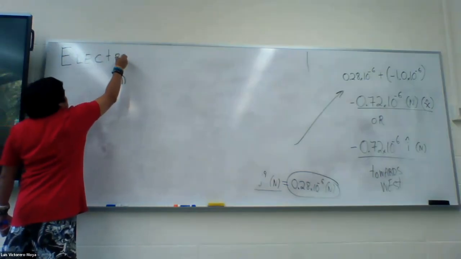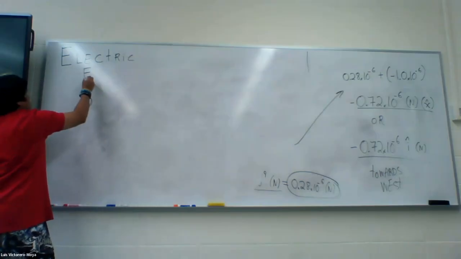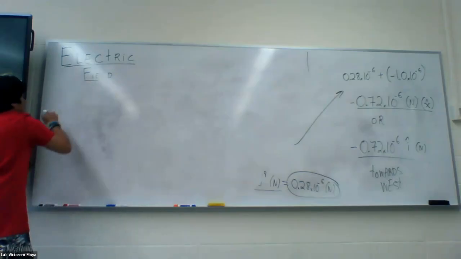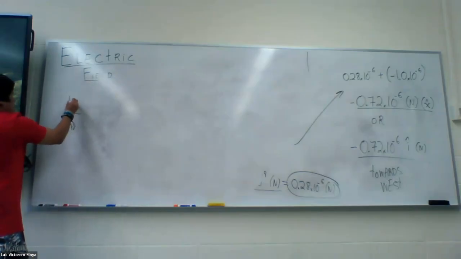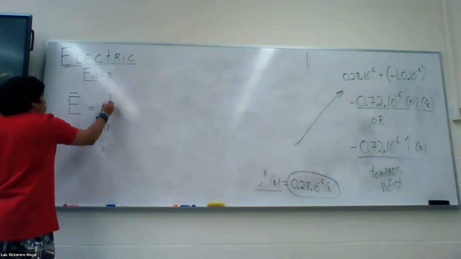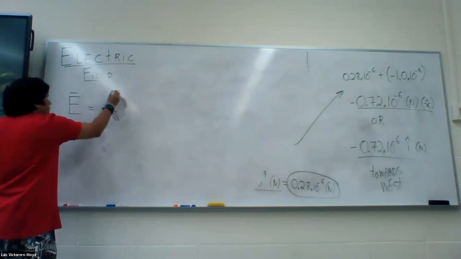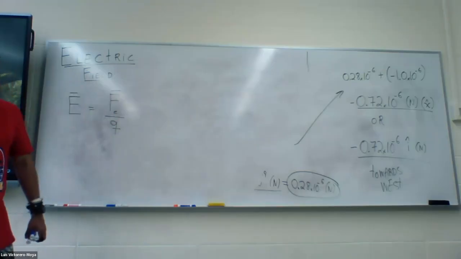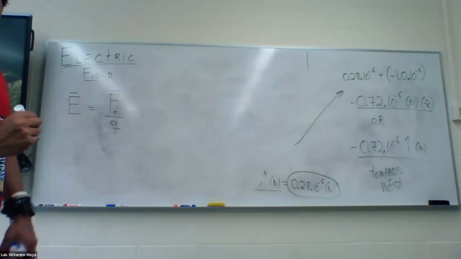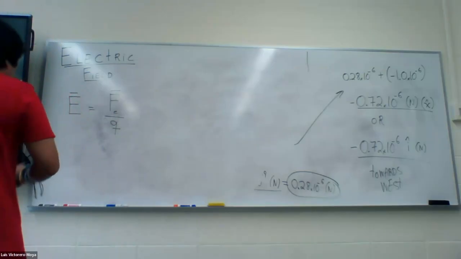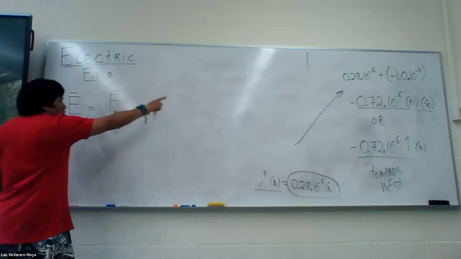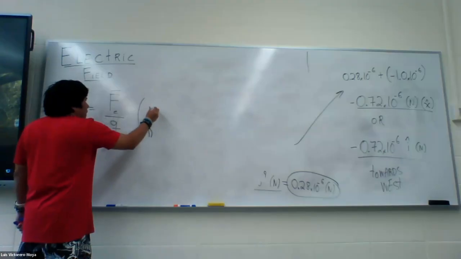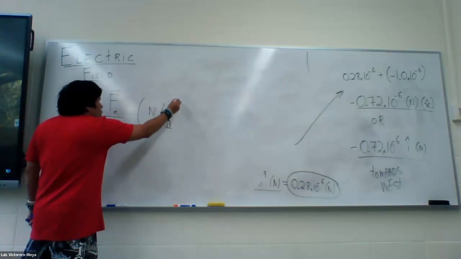So you have electric field, and it's labeled as E vector equals the electrostatic force divided by a test charge q. So the electric field is the value of the force per unit charge. The force is in newtons, the charge is in coulombs, which gives you an overall unit for electric field of newtons per coulomb.